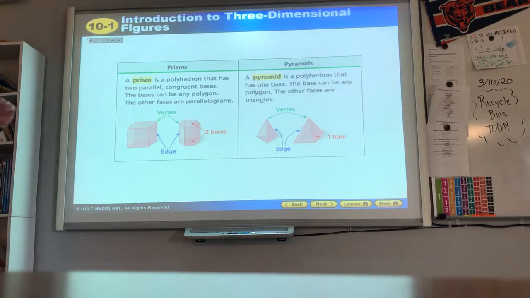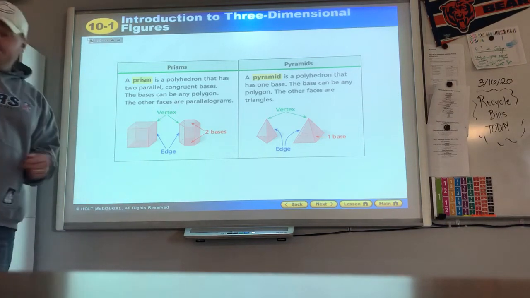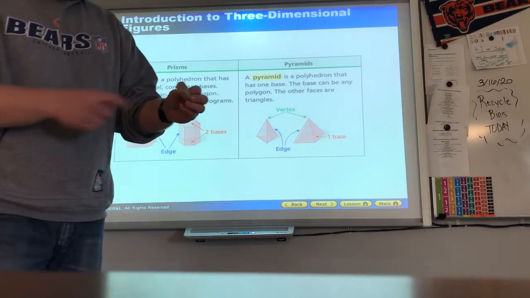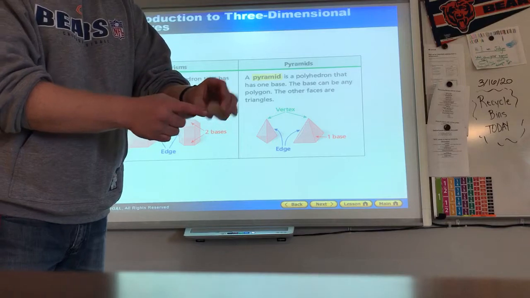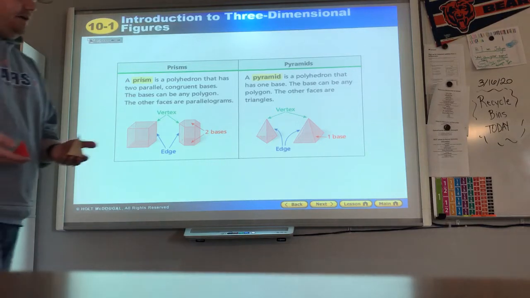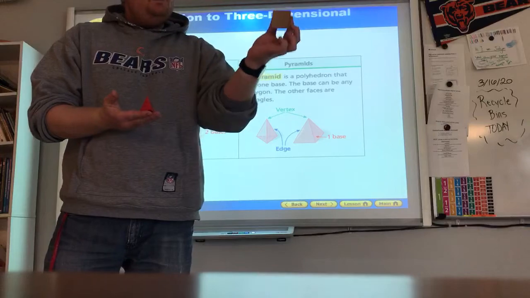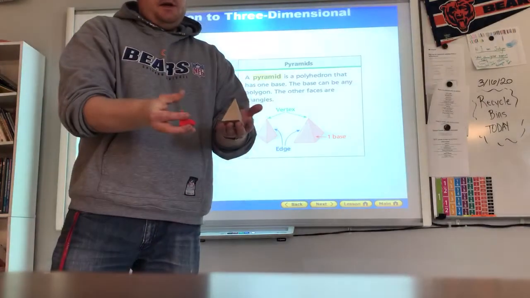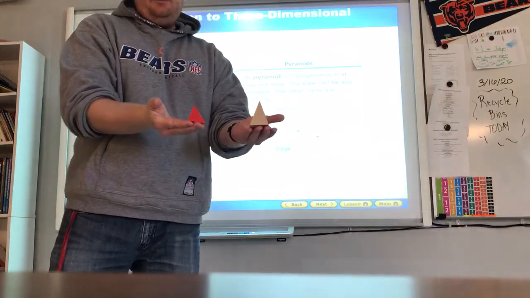They don't only have to be rectangular prisms. We can have them with six sides here, have hexagons on each end. We can have pyramids that have a square base or a triangular base, and then they come together in other ways.